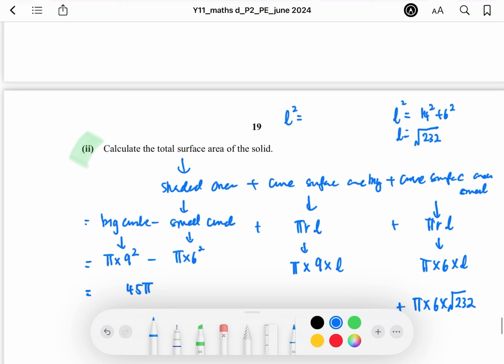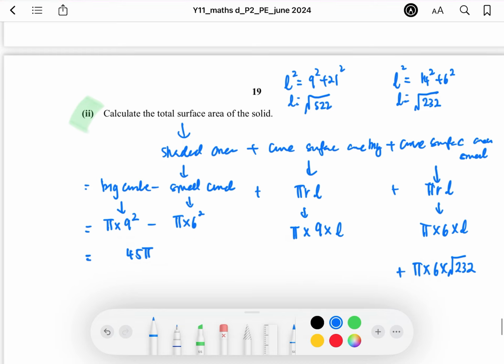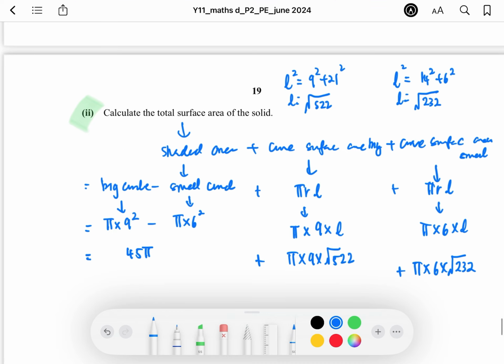So 9 squared, 21 squared. So L would be the square root of 9 squared plus 21 squared, so square root of 522, plus pi times 9 times square root of 522.